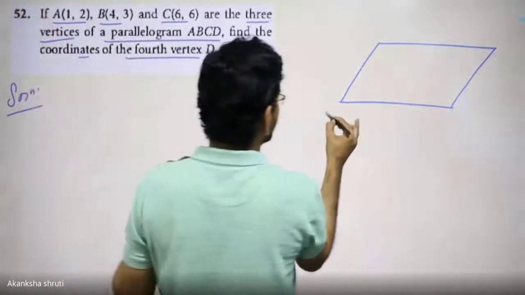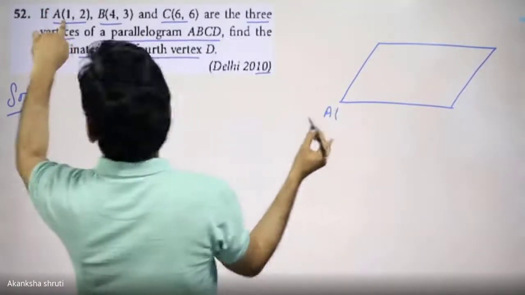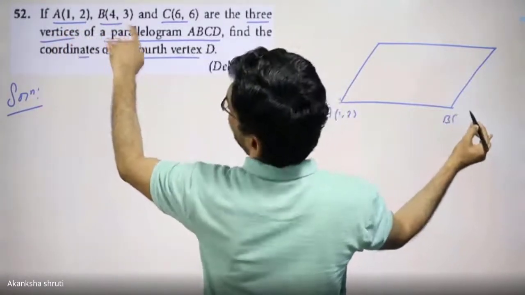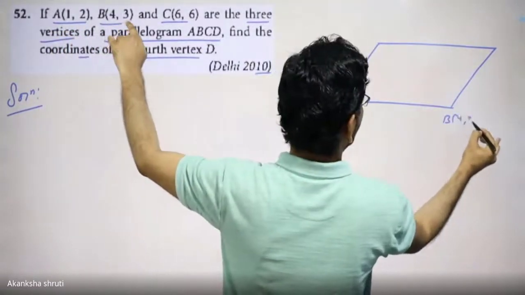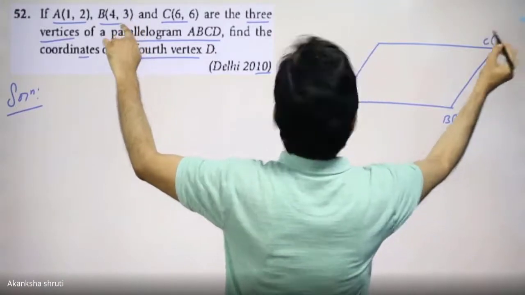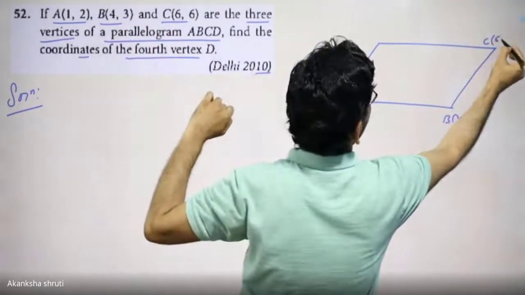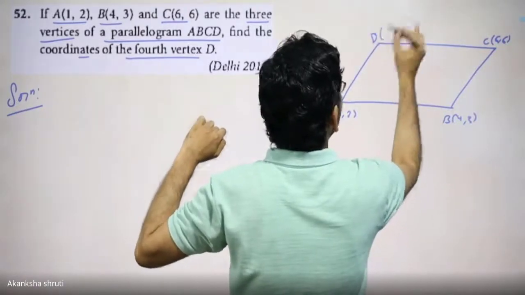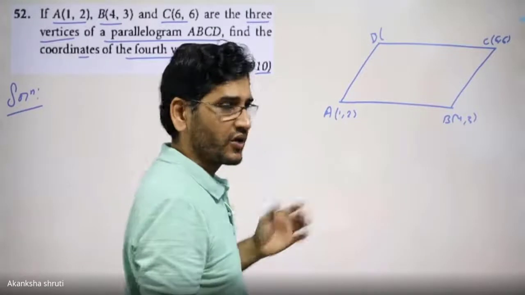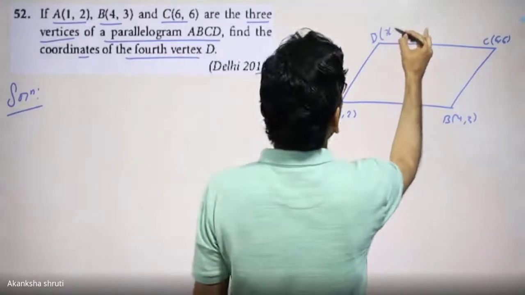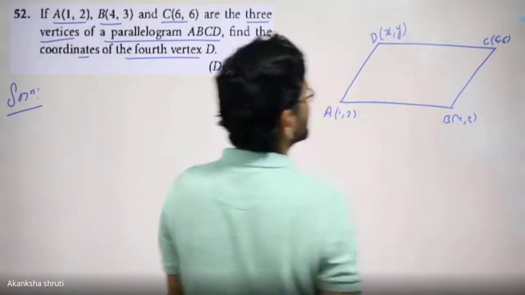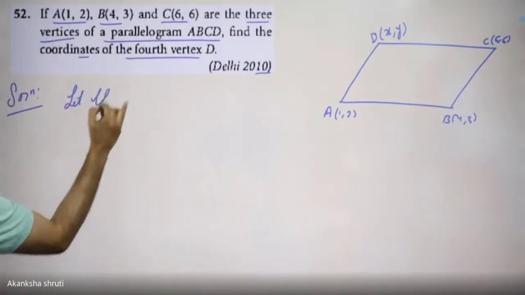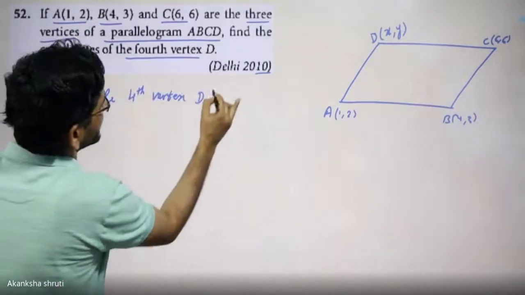Let us take these three vertices as A (1, 2), B (4, 3), C (6, 6), and D. What is the coordinate of this vertex D? That we want to know. Let us consider the coordinate of this vertex D be (x, y). So, right, let the fourth vertex be (x, y).